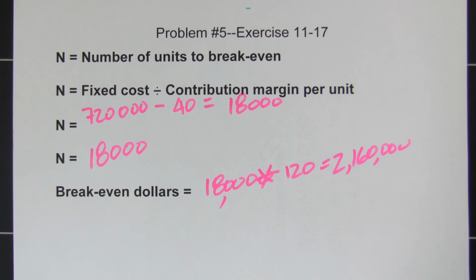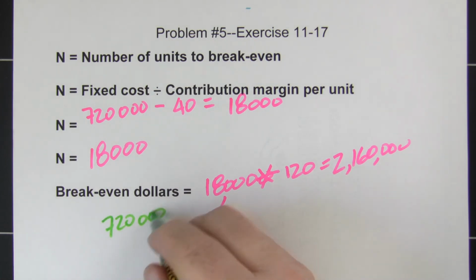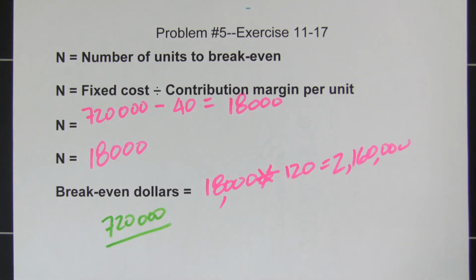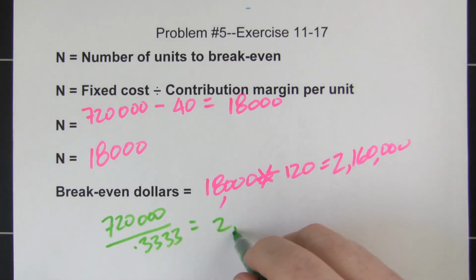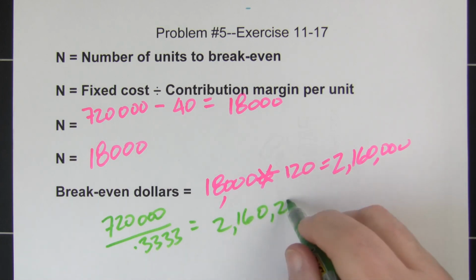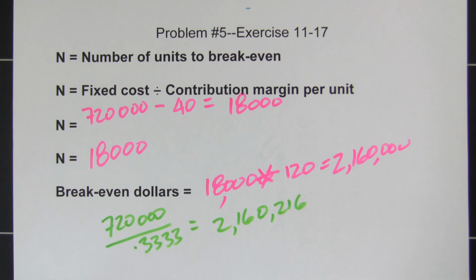A down and dirty way to do the same thing in dollars is to take the $720,000 in fixed cost, divide it by the contribution margin ratio, and you come up with, now it doesn't work out quite evenly on this one, but it's $2,160,216 will give you the break-even point in exact dollars.